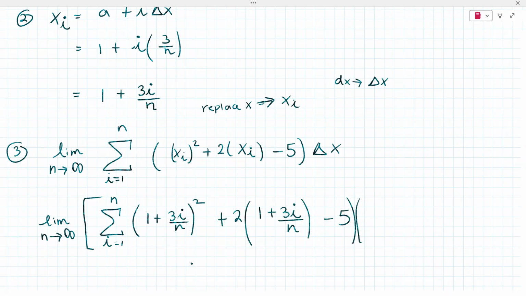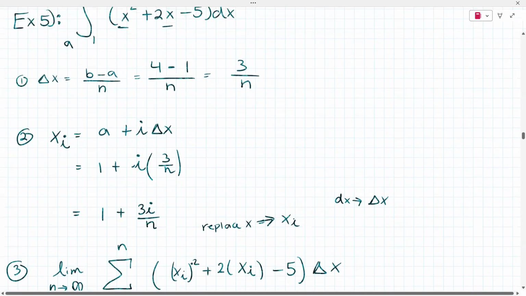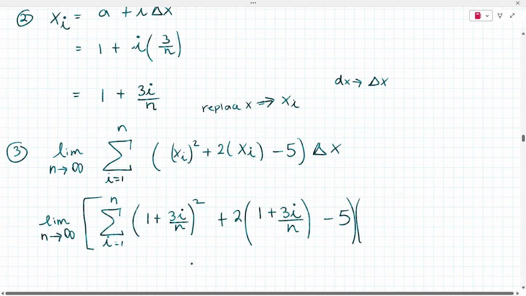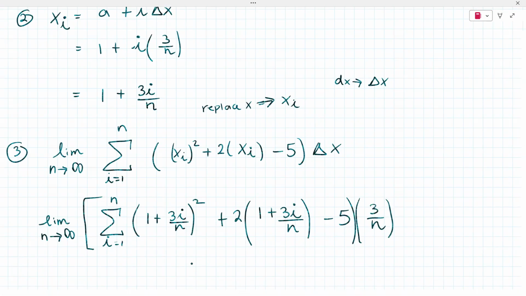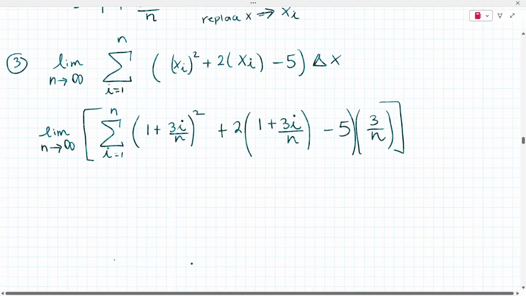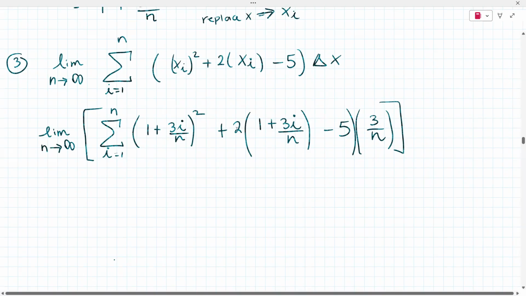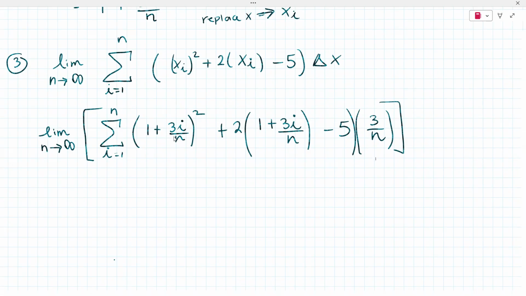And then replace delta x with 3 over n. And then that's it. You could FOIL this out, 1 plus 3i over n, but I'm just going to leave it like this because it says do not solve.